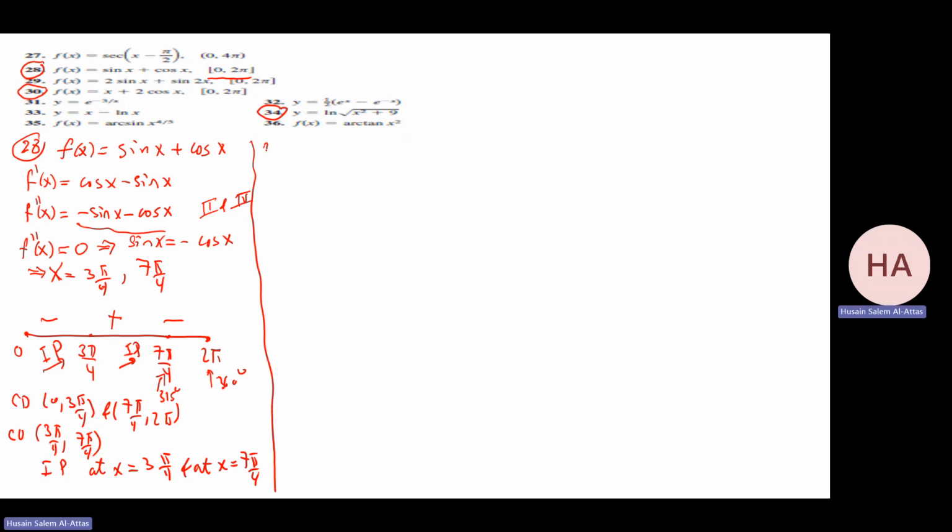29. The only difference is that now the calculation becomes more complicated. Actually, we cannot do 29 because it needs a calculator to solve.